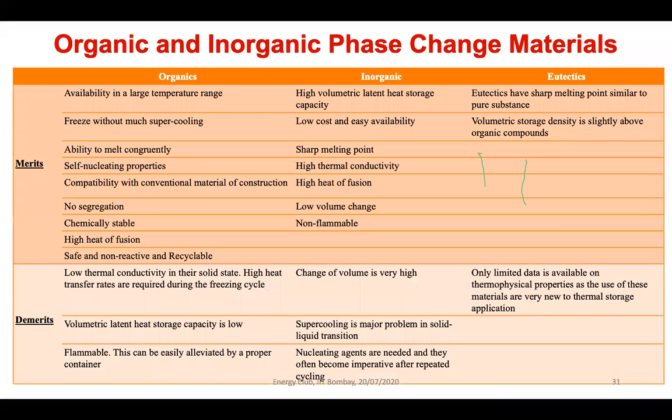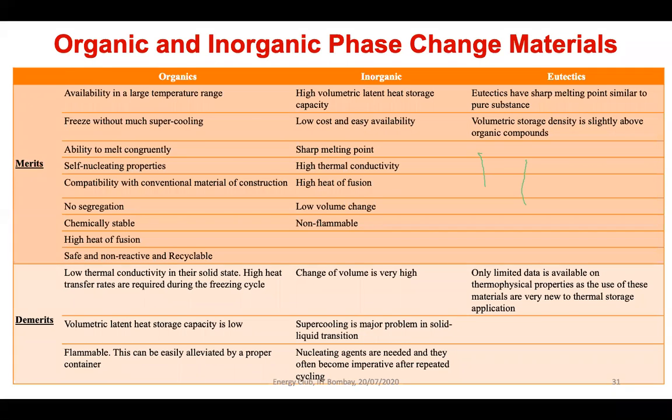Now, there is some comparison between organic and inorganic materials. The organic material is available in a wide range, from minus 10 or minus 5 degrees centigrade up to 200 degrees centigrade. In inorganic materials, you can use them up to something like 500 to 600 degrees centigrade.